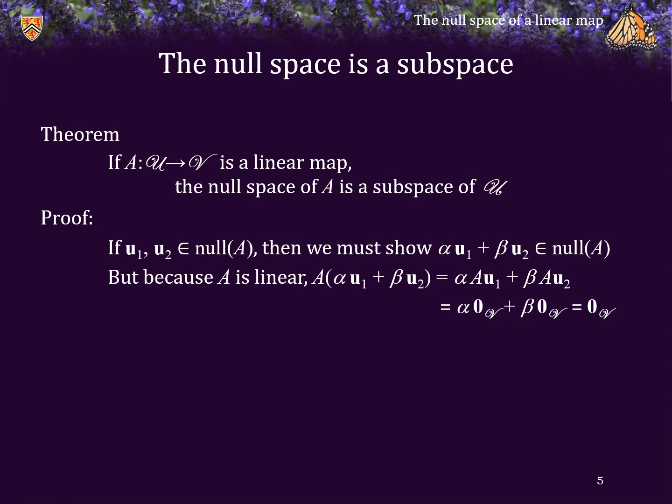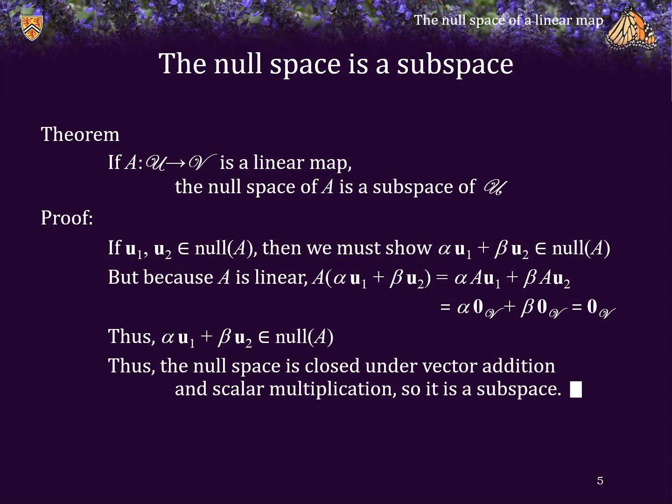So both of those equal the zero vector in the codomain, and any linear combination of zero vectors is the zero vector. Thus, a linear combination of vectors in the null space is also in the null space. Thus, the null space is closed under vector addition and scalar multiplication, and so therefore it is indeed a subspace.